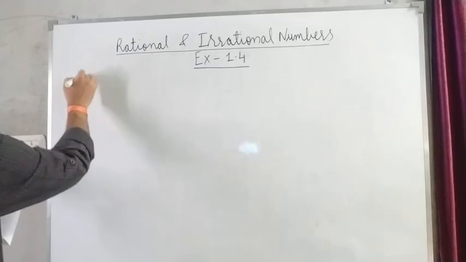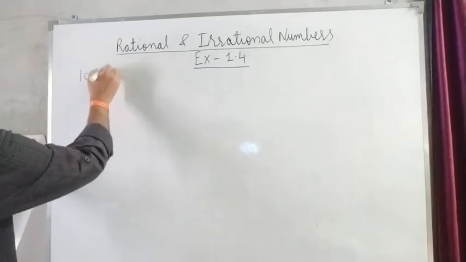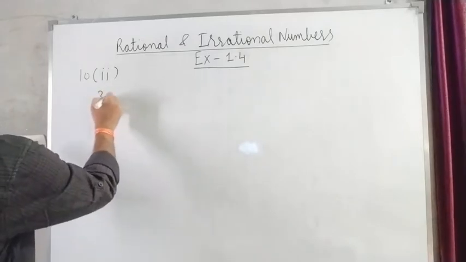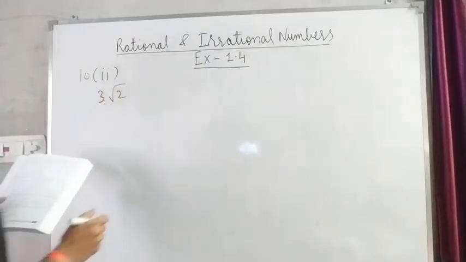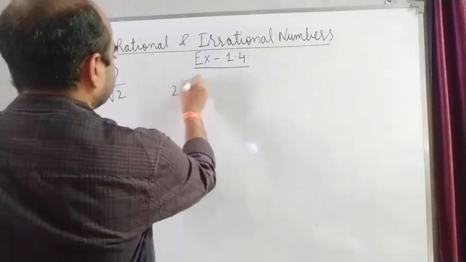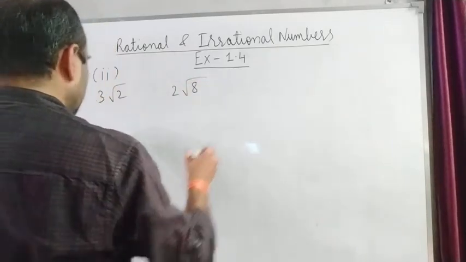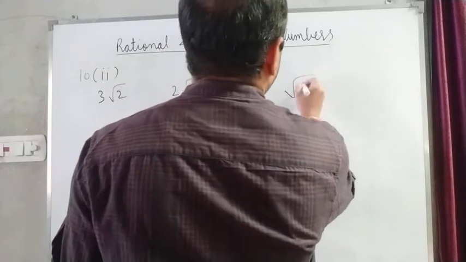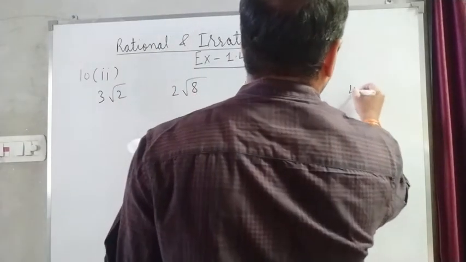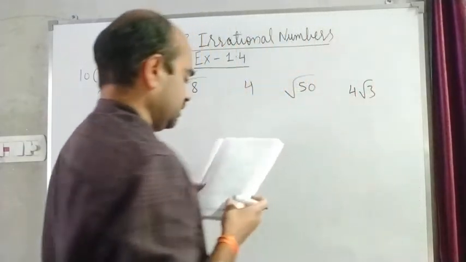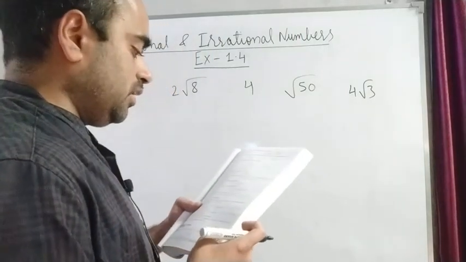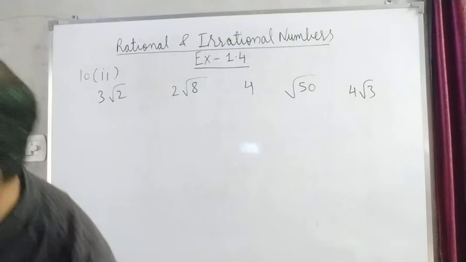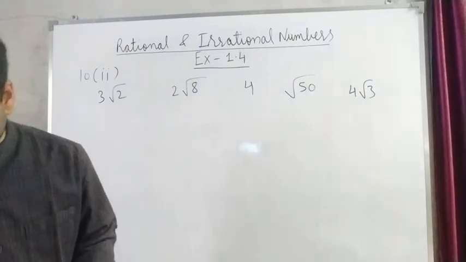Second part. The numbers are 3 root 2, then 2 root 8, 4 root 50 and 4 root 3. Correct? 3 root 2, 2 root 8, 4 root 50, 4 root 3. So these are the numbers.